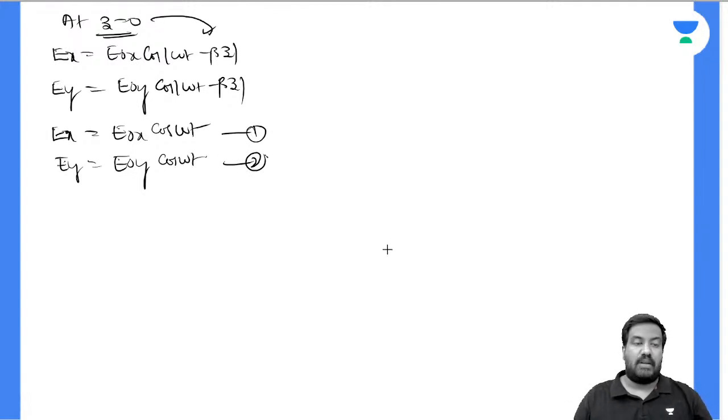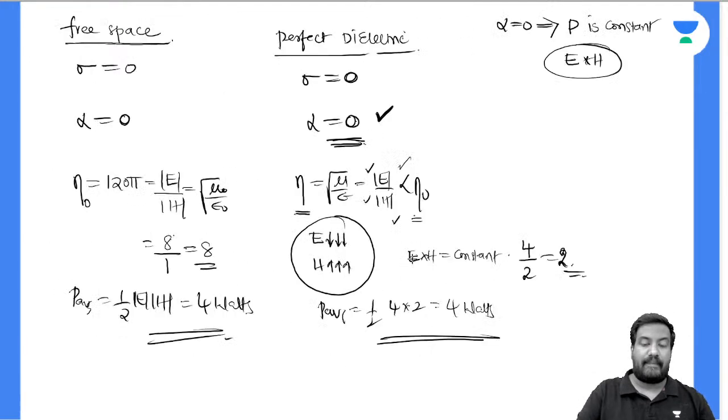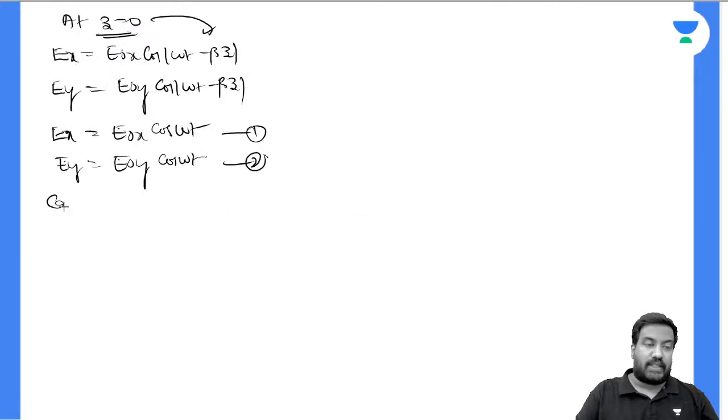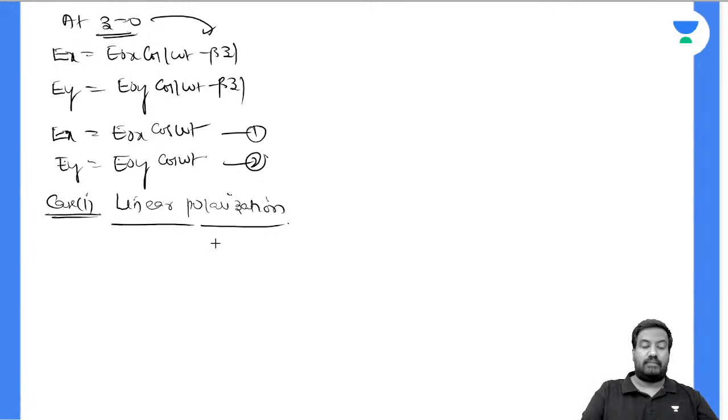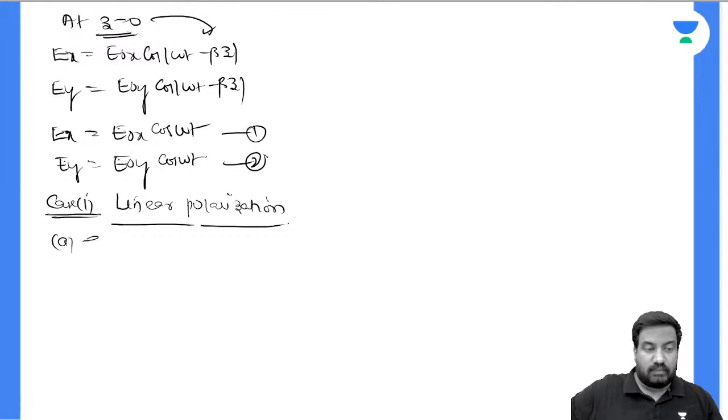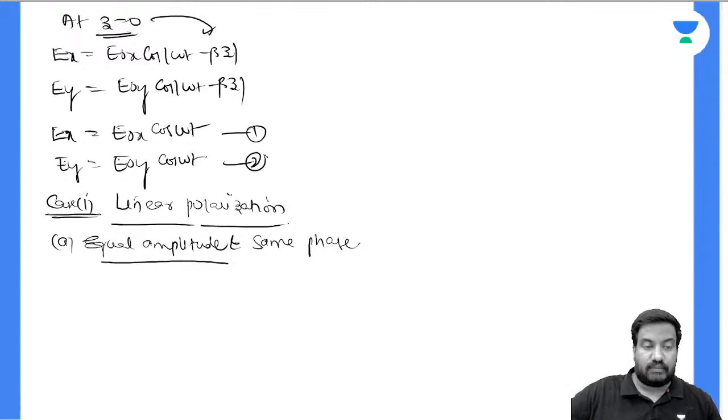Okay. Now let us do the case study for all the different kinds of polarization. Case 1 is linear polarization. In this subcase, equal amplitude and same phase.